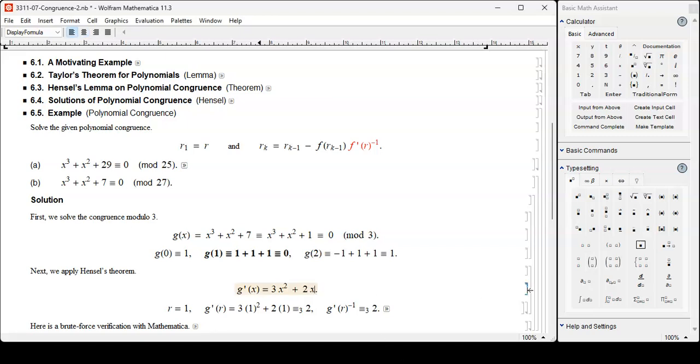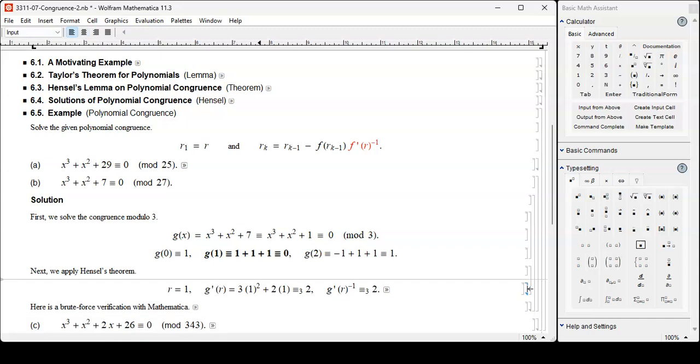So g prime of r is g prime of 1, and that'll turn out to be 2. So its inverse is 2. 2 times 2 is 4, and that's congruent to 1 modulo 3. So, all right, we have this multiplicative inverse of the derivative evaluated at r, which is highlighted in red.